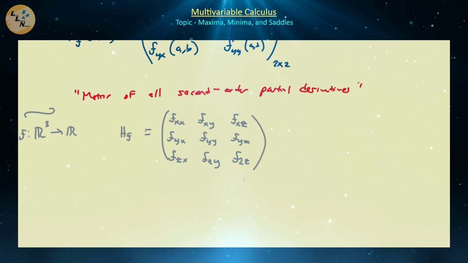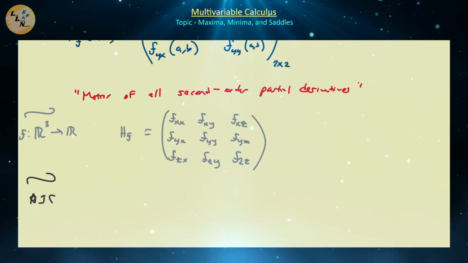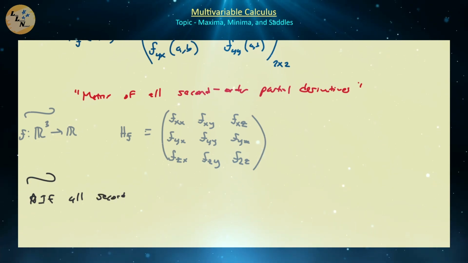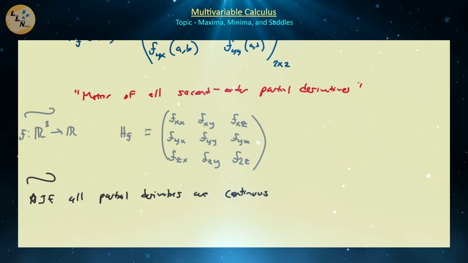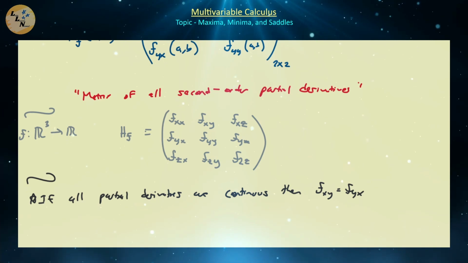Okay, and keep in mind that as long as your second partials are all continuous, then this matrix is a symmetric matrix, right? So let's write that down. If all second order partial derivatives are continuous, then you remember by Clairaut's theorem, f_xy is equal to f_yx, f_xz is equal to f_zx, and so on.